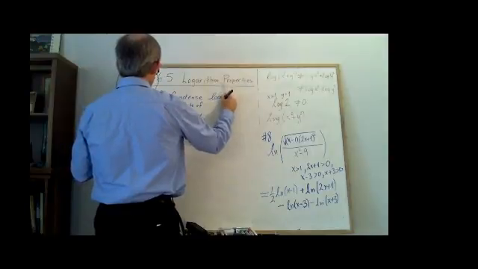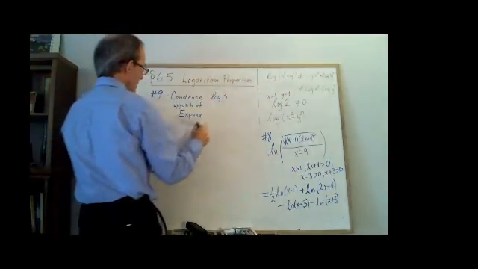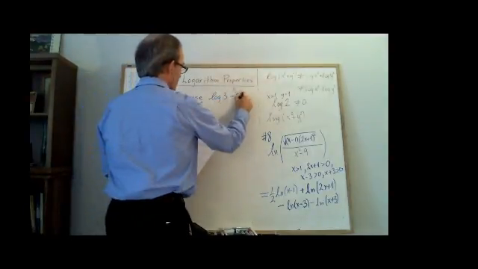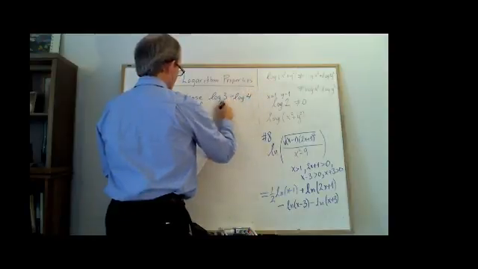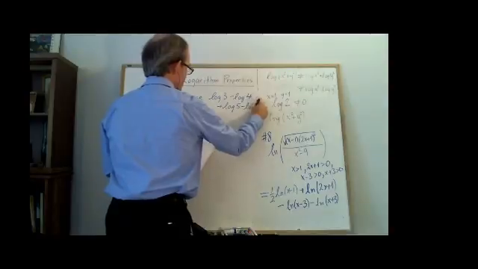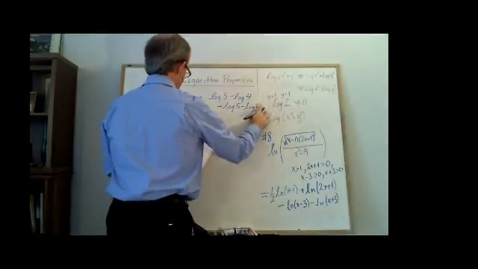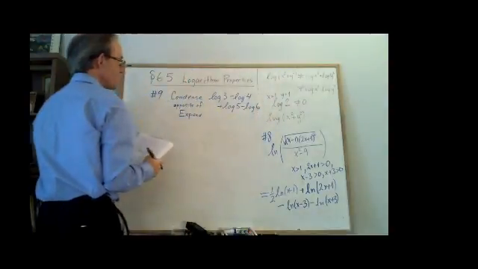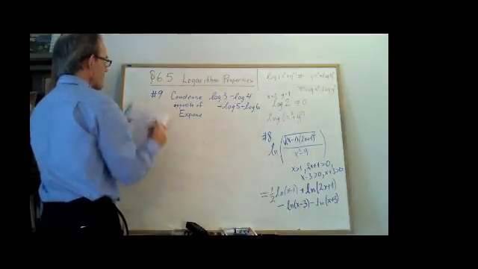Okay, so here's the expression I want to condense. Log base 10 of 3 minus log of 4 plus log of 5 minus log of 6. It's a try-it problem. Try it number 9.